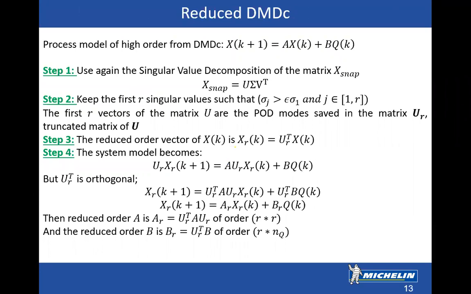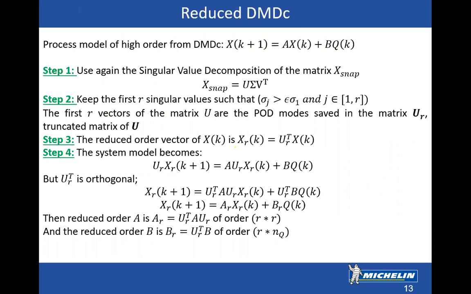So we've introduced the DMDC, we've introduced the POD, so let's combine them together to find the reduced DMDC. We have our process model of high order from DMDC. We've said that x_{k+1} is equal to A x_k plus B q_k. We've estimated A and B using DMDC. In order to find A and B using DMDC, we have the XU snap.